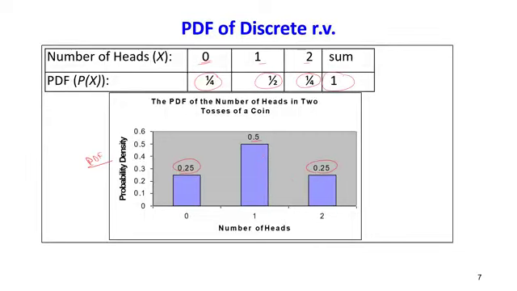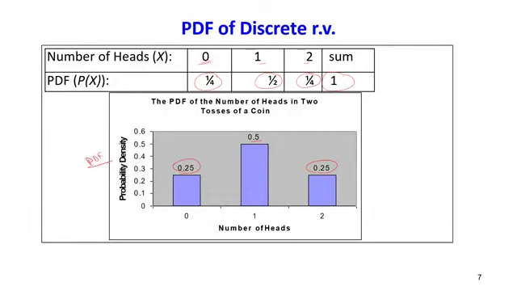Now, if you know the probability like this, you can do multiple trials on it. You know that getting 1 head has a 50% chance, getting 0 heads is a 25% chance, and getting 2 heads has a 25% chance. So if you know the chance, you are able to generate the values.